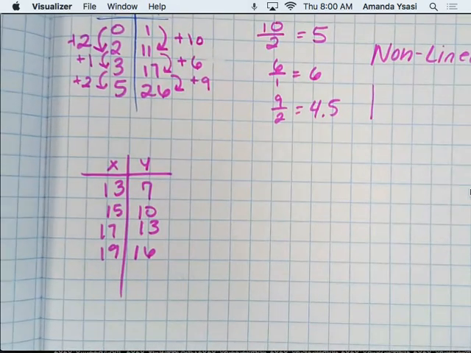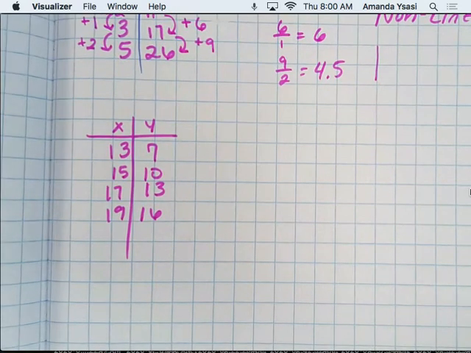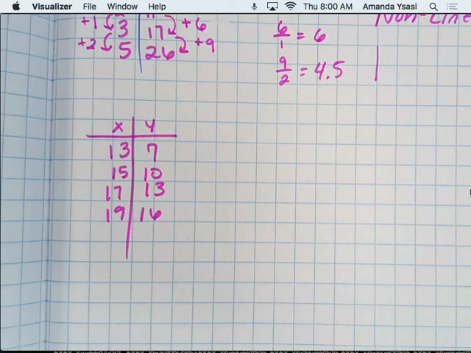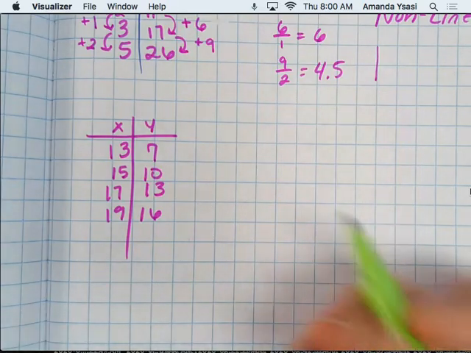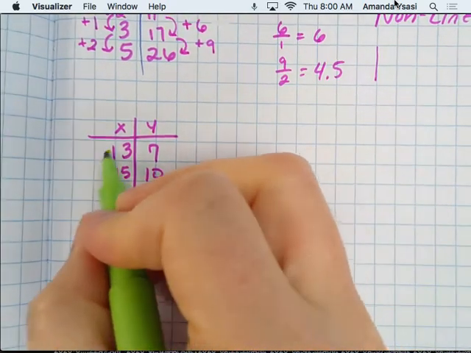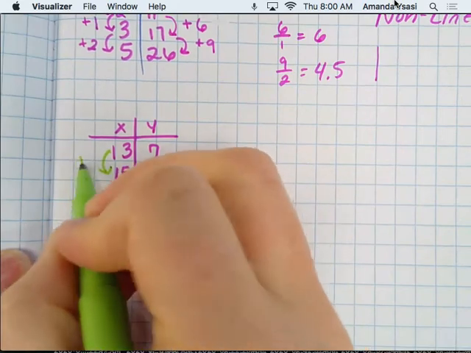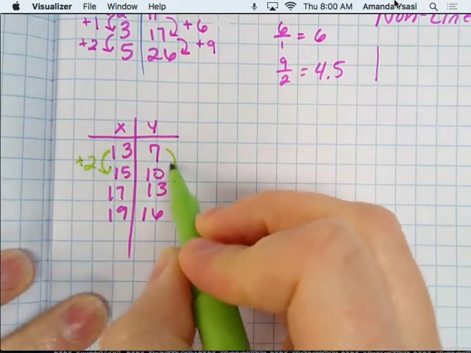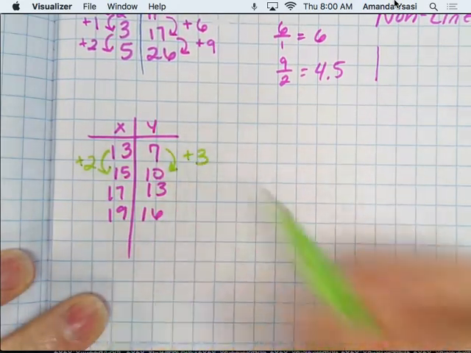So then the next one, did y'all write that one down? The X goes up by 2. The Y goes up by 3.